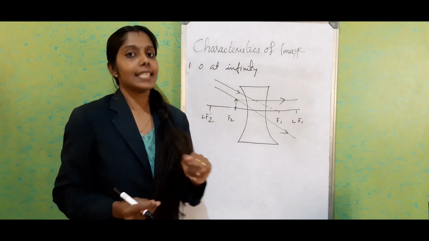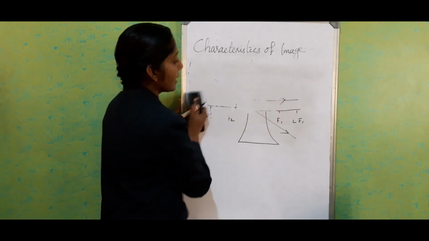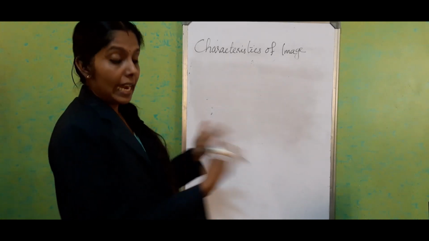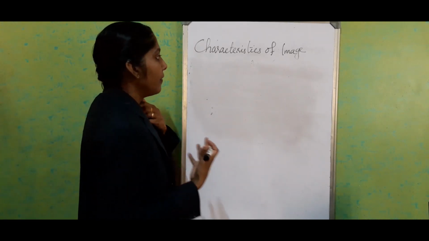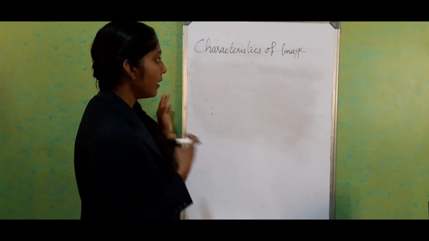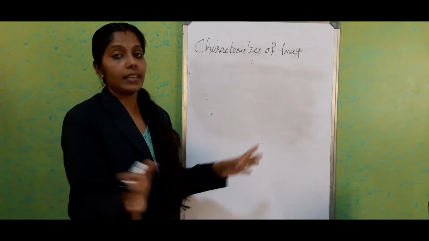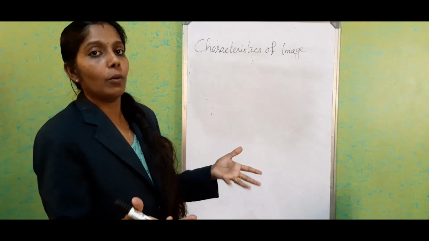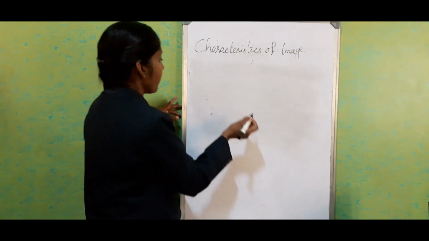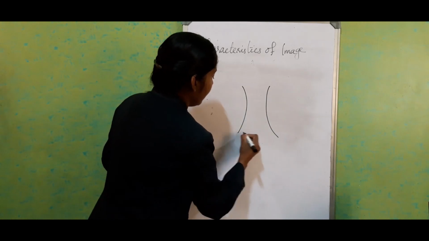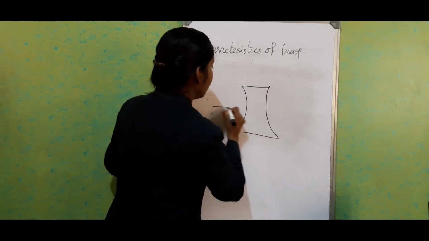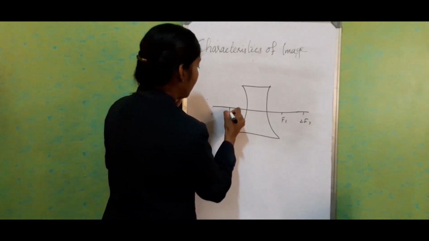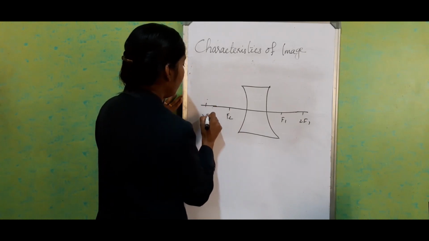Now we will see the last condition. Other than this infinity case, if the object is anywhere on the principal axis, we'll see where we get the image. f1 to f1, f2 to f2.